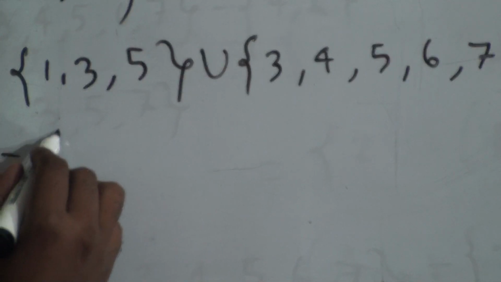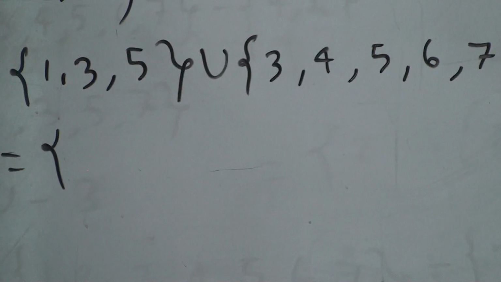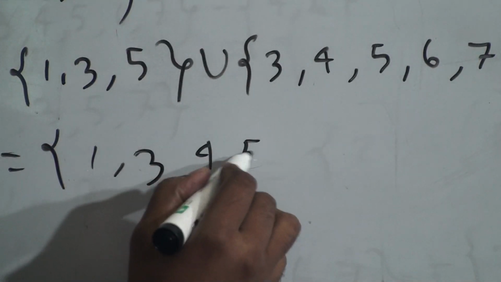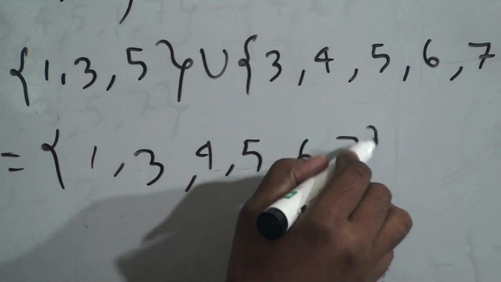Now all of the elements from these two sets will come. That means 1 3 4 5 6 and 7.